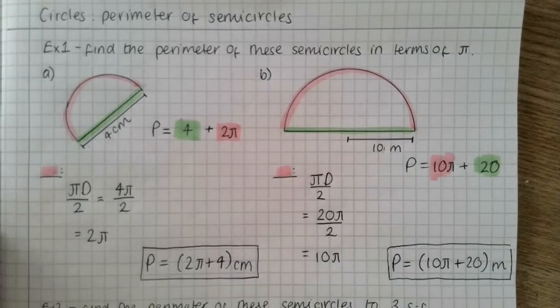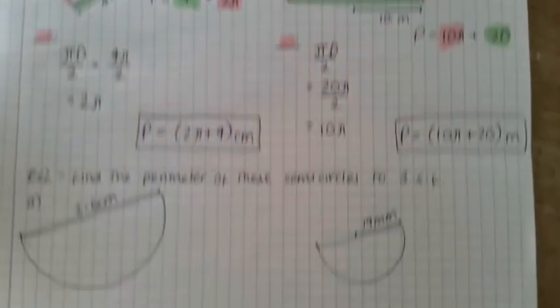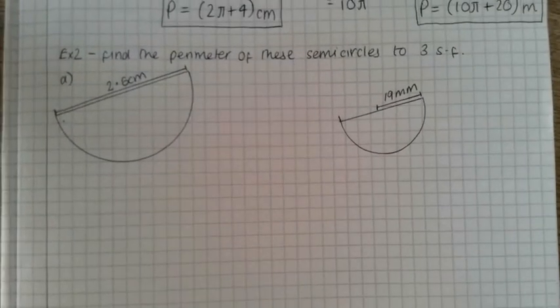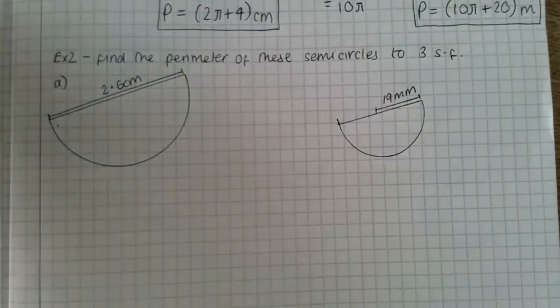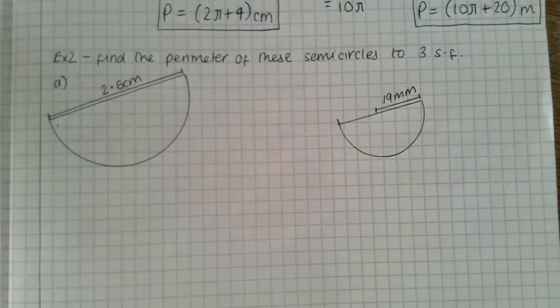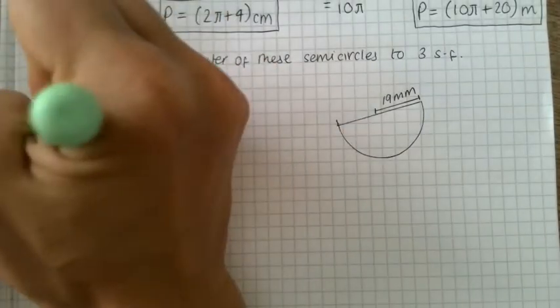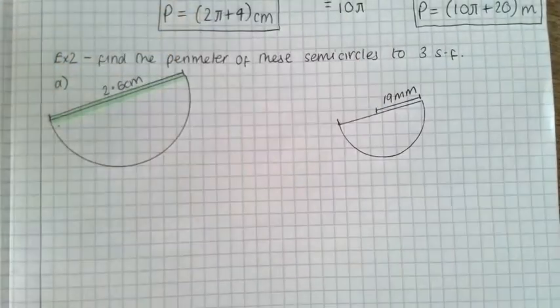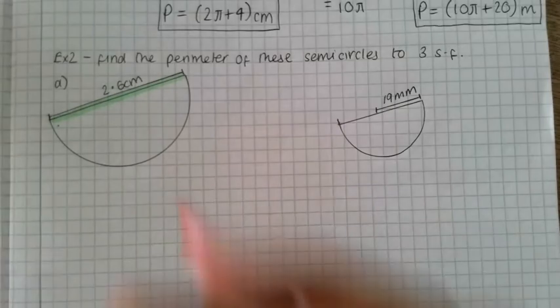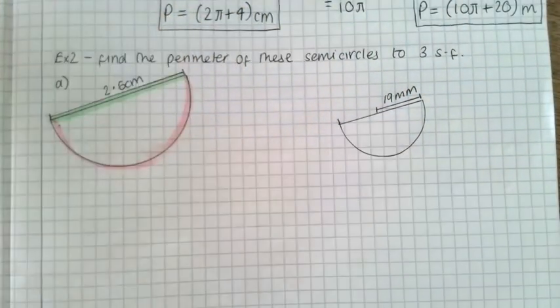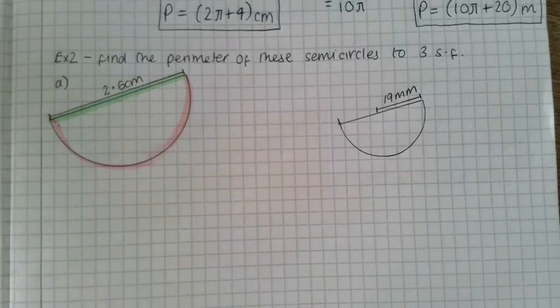I'm going to do 2 more examples. And this time we're going to be rounding our numbers to 3 significant figures, but the method is exactly the same. We want to find the perimeter of these semicircles, which is to add up all of the side lengths. So, just as I did before, I've got a straight side length and I've got a curved side length, and they need to be added together to get my perimeter.